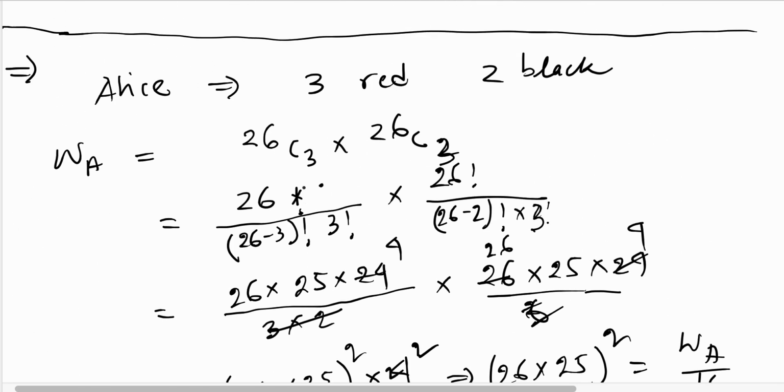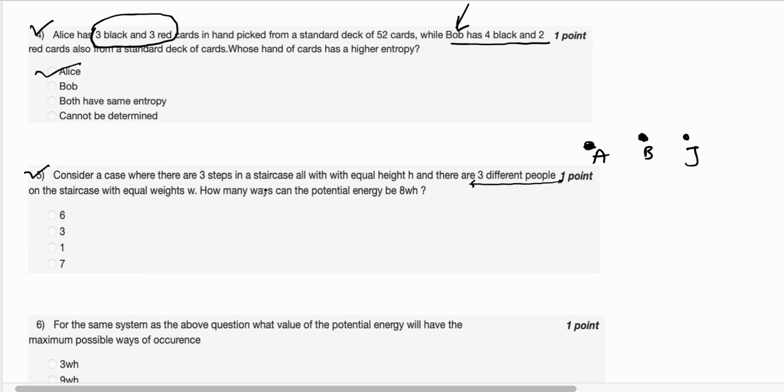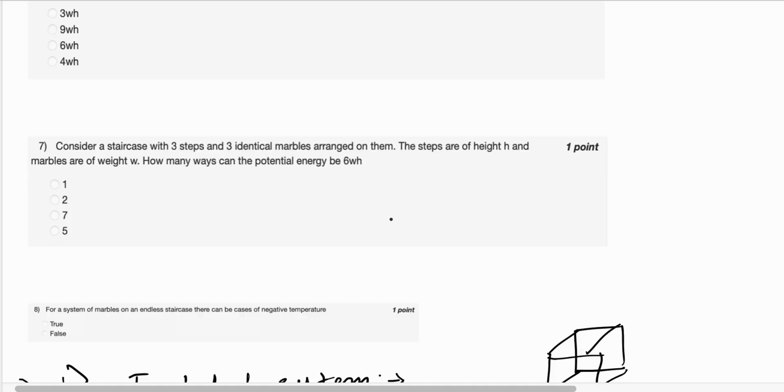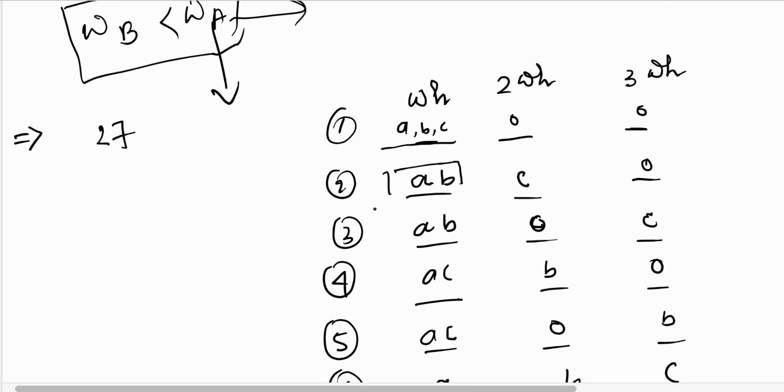Now the exact question is, how many ways can I put them such that the potential energy will be 8 omega h? If I put 2 individuals there, then there will be 6 omega h.